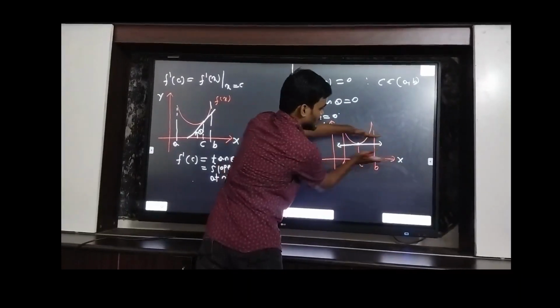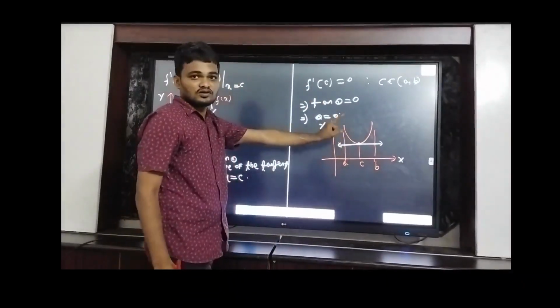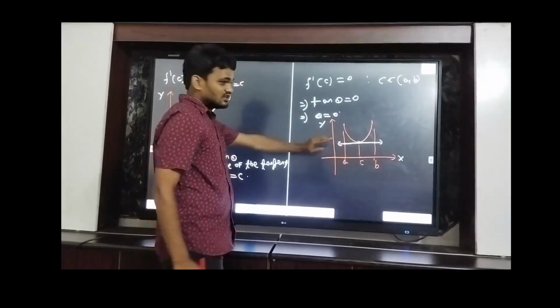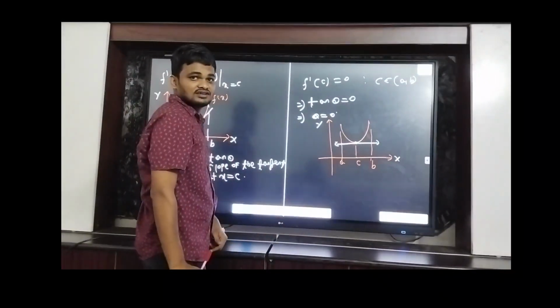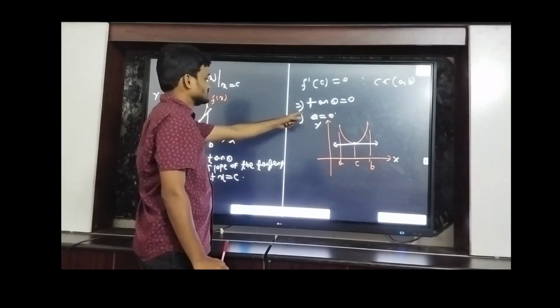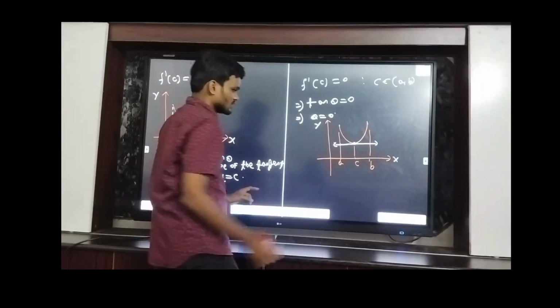Is parallel to x-axis. Graphically, you can come like it is clear. The tangent at point C is parallel to x-axis, right? That is meaning of theta is equal to 0.